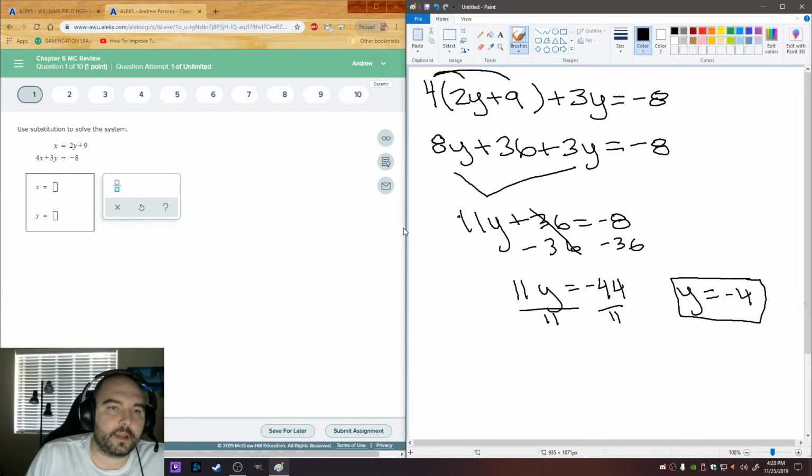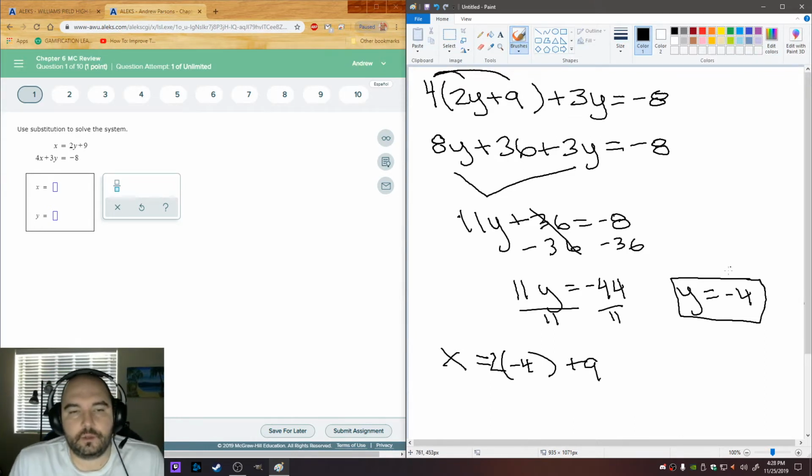So if you want to go back and find x, you go back and use the first equation again. The first equation was x equals 2y plus 9. So x equals 2 times -4 plus 9.